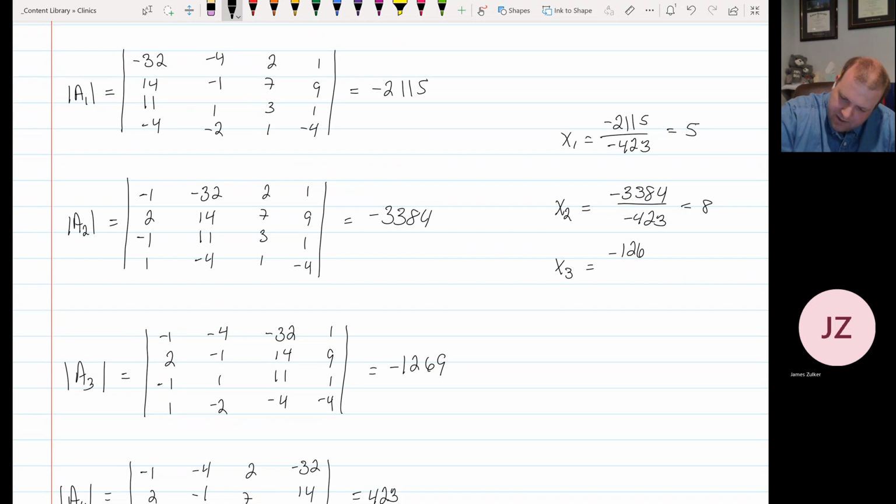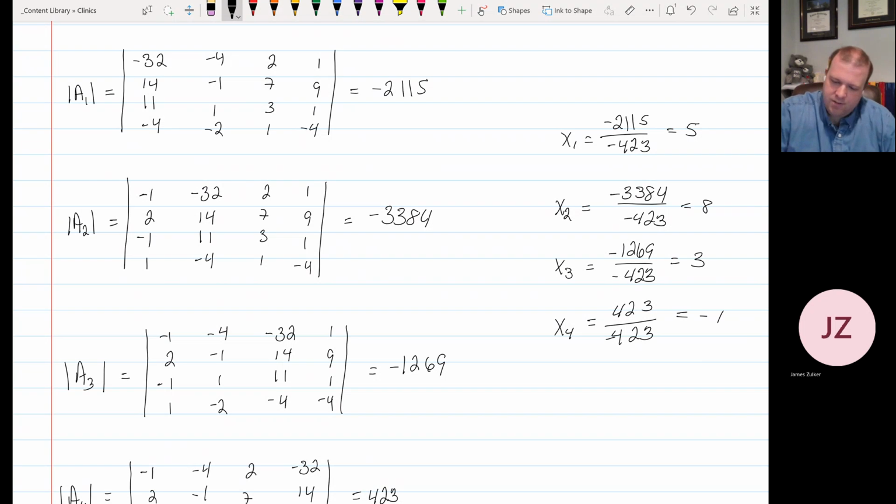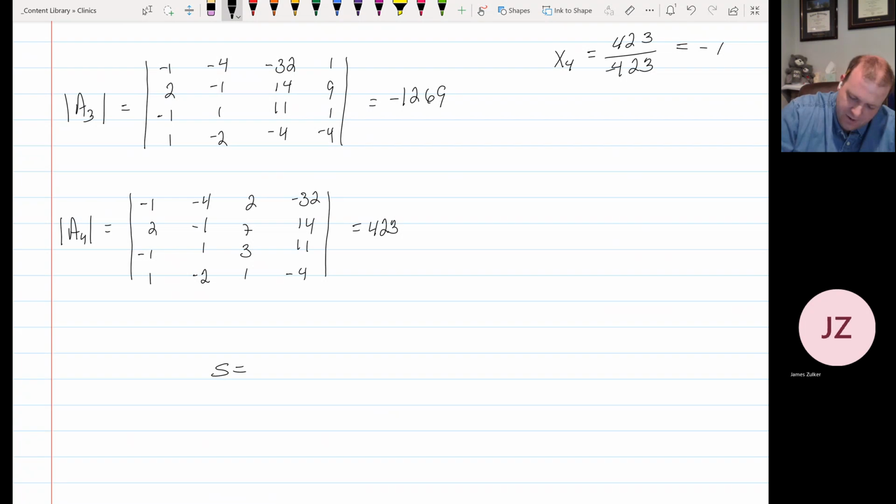X3 is the determinant of A3 over determinant of A. We get 3. And finally, X4, determinant of A4 over determinant of A, gives us -1. So the solution here would be 5, 8, 3, and -1.